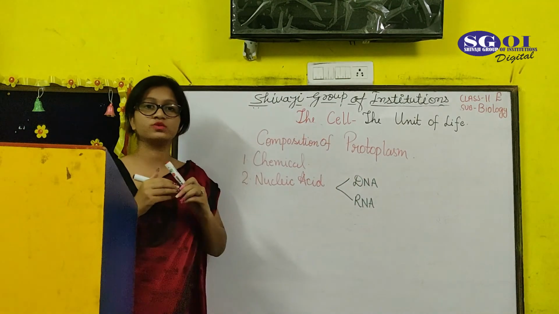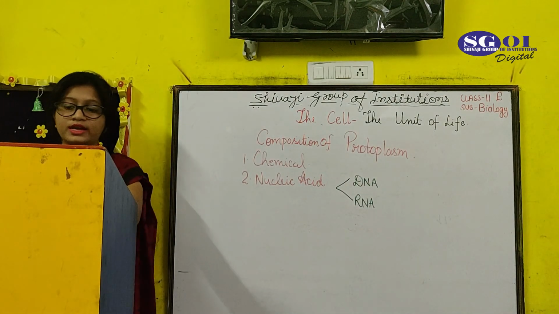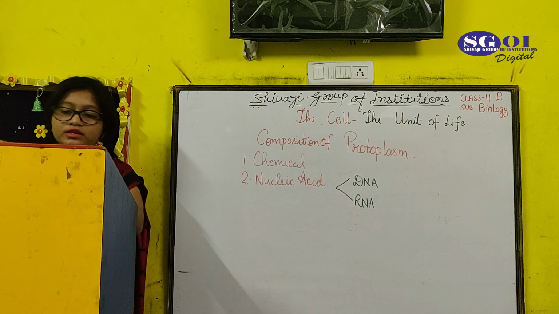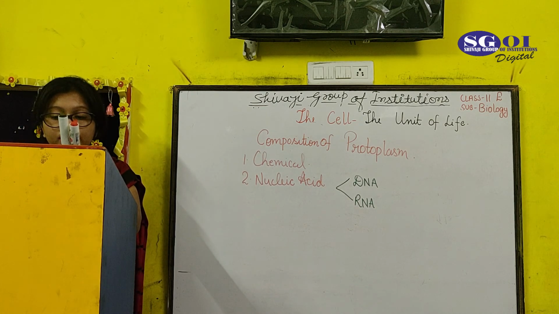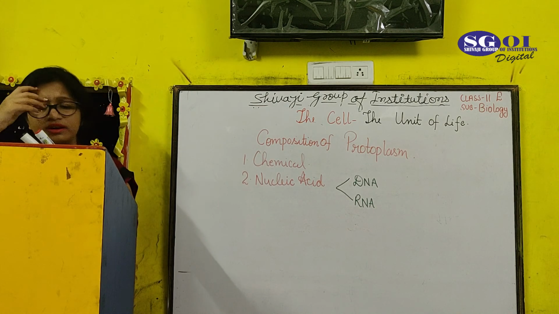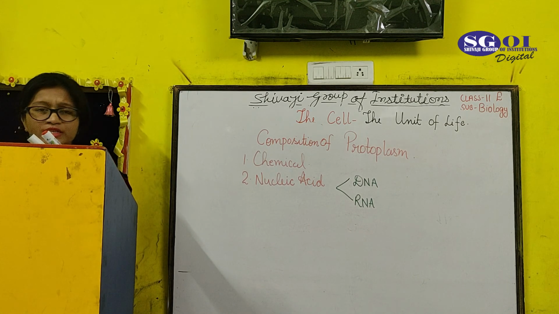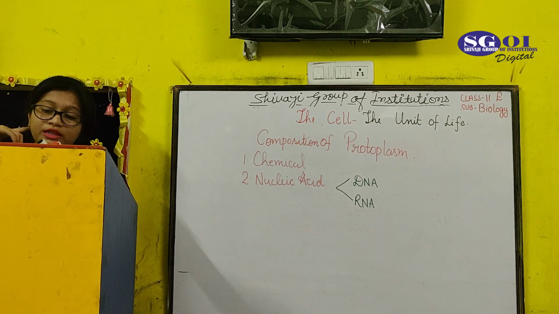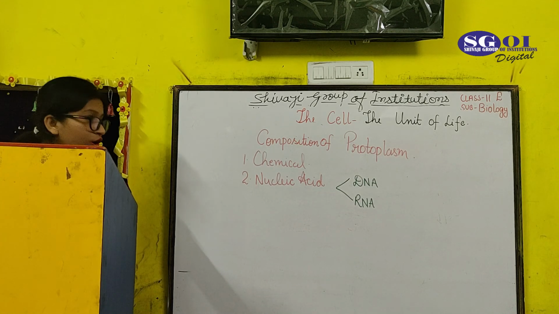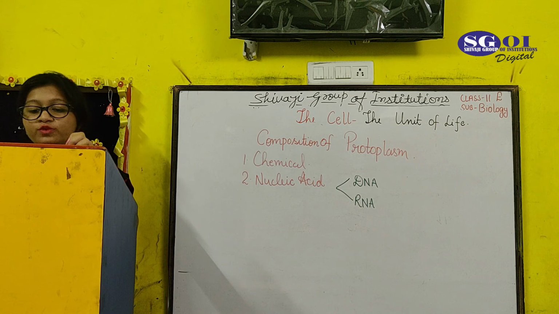DNA is known as deoxyribonucleic acid, and RNA is known as ribonucleic acid. Some other chemical substances are also present, like enzymes and alkaloids, which also play different roles in the composition of protoplasm.